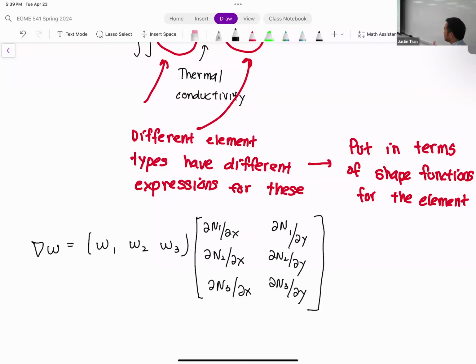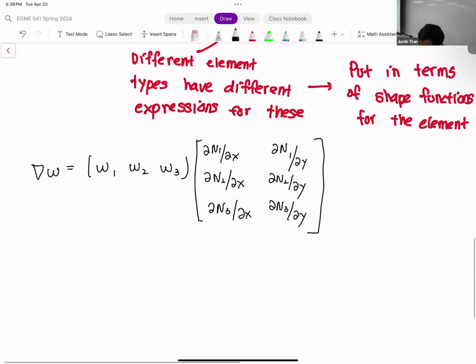And then we have a mirrored expression for the gradient of temperature. Typically for the weighting function and the temperature, we transpose them just to make it a little more convenient for developing matrices. So this one has very similar elements, they're just flipped.